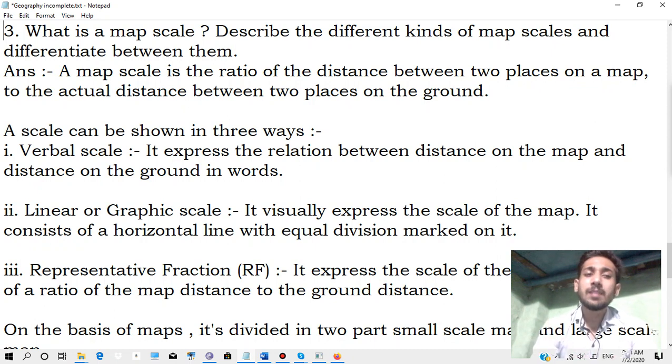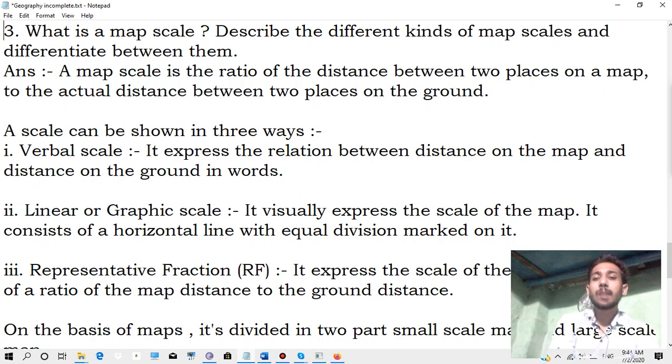The second way is the linear or graphic scale. Linear or graphic scale visually expresses the scale on a map. It consists of a horizontal line with equal divisions marked on it. If we look at a map, we can see a horizontal and vertical line with a scale plotted.